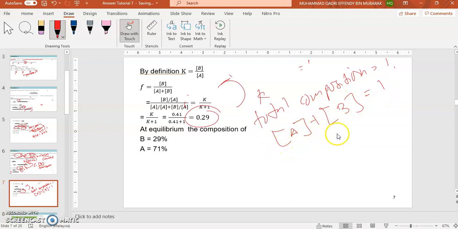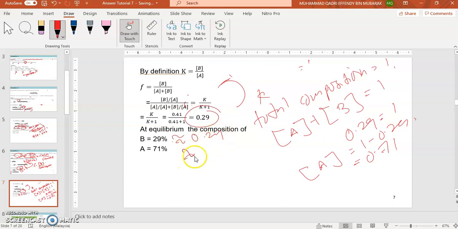We know that B is 0.29, so the composition of A is 0.71. So you can write it like this. If we convert it into percentages, we get 29% for B and 71% for A. You can also write it as 0.29 and 0.71. This unit is acceptable.